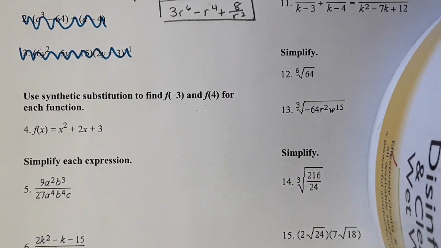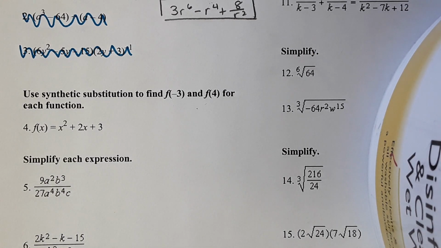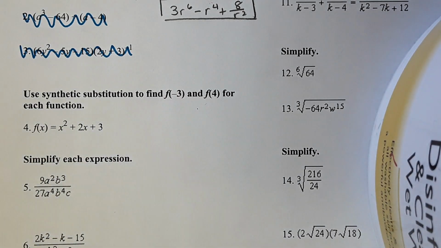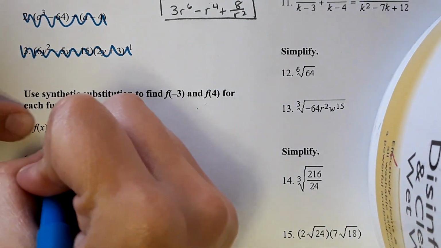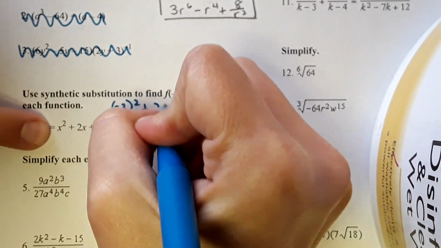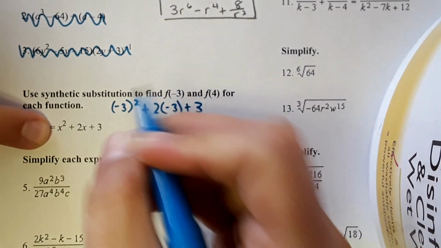Okay, then number 4, use synthetic substitution to find f of -3 and f of 4 for each function. So all you have to do is plug these numbers into the function and solve. So right here, we'll just do -3 squared plus 2 times -3 plus 3.